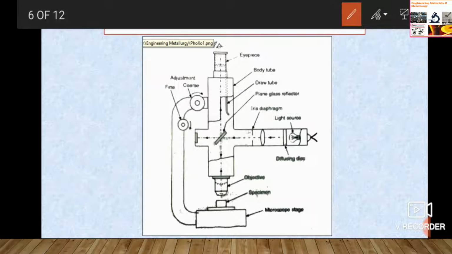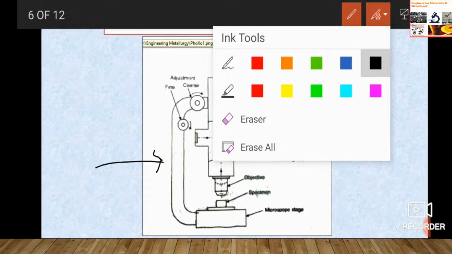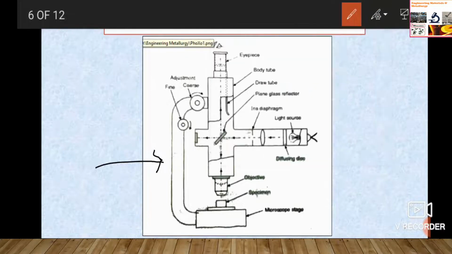So this is the figure for the optical metallurgical microscope. Basically this one is the body part of that optical metallurgical microscope. Next one is the adjustment screw, that is for coarser adjustment and for finer adjustment.